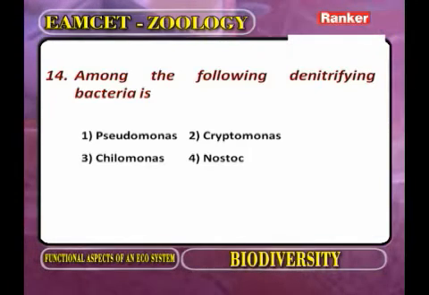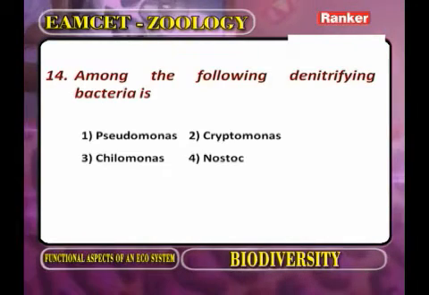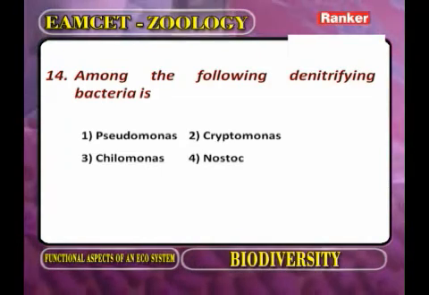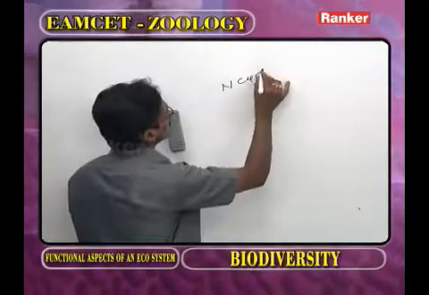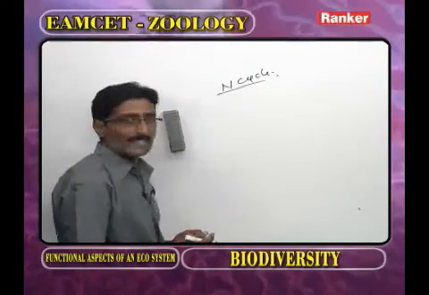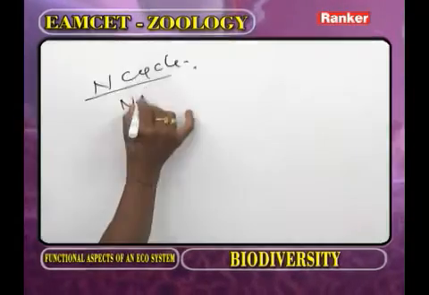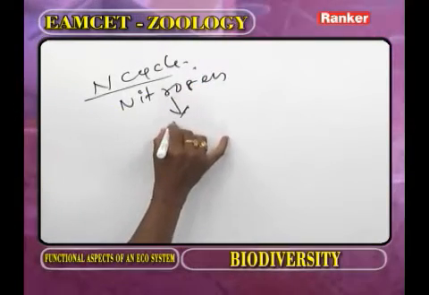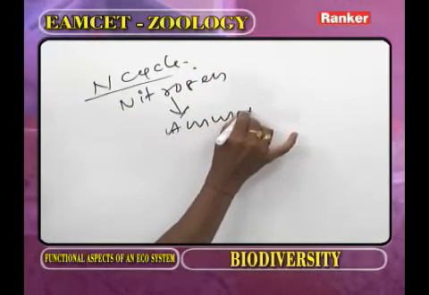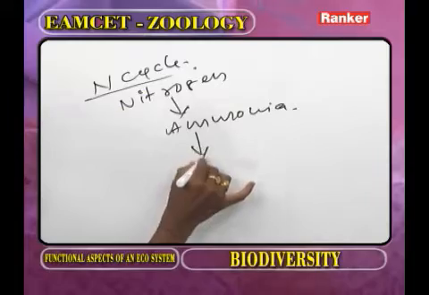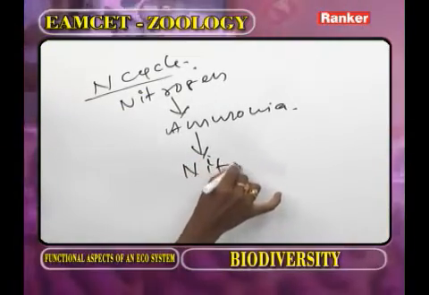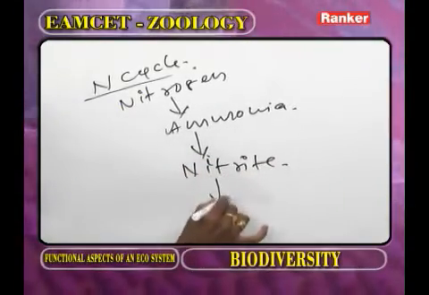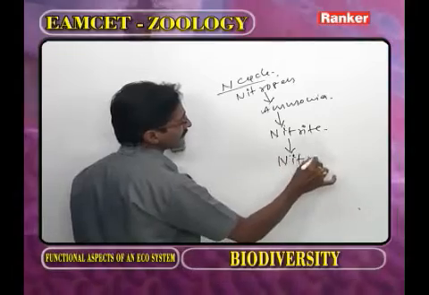Among the following, what is the denitrifying bacteria? As we observe the nitrogen cycle, nitrogen is converted into ammonia, and the ammonia is converted into nitrate.